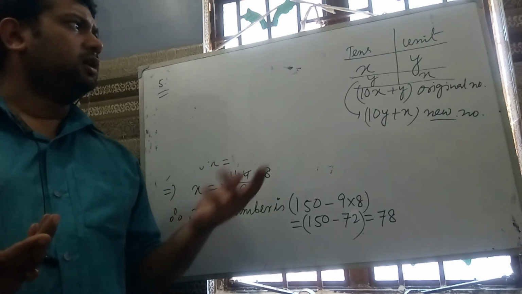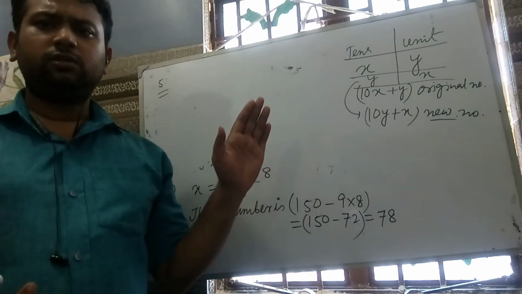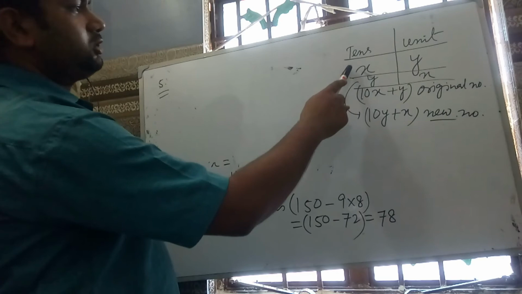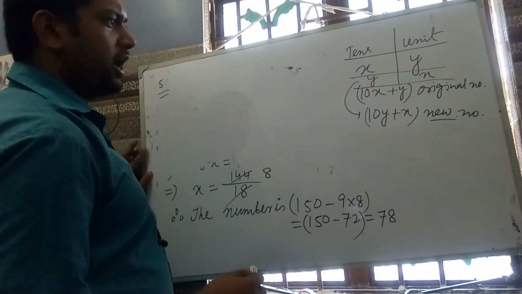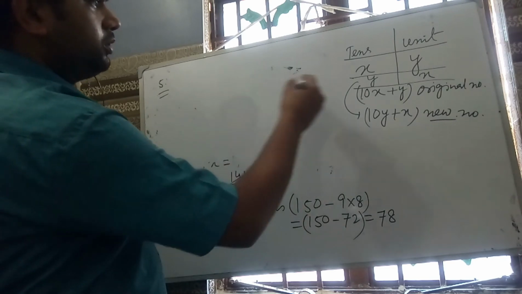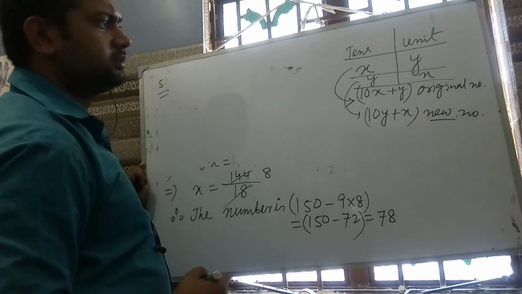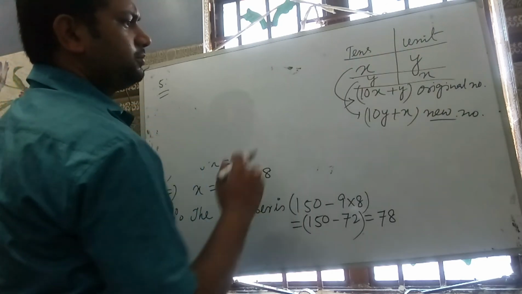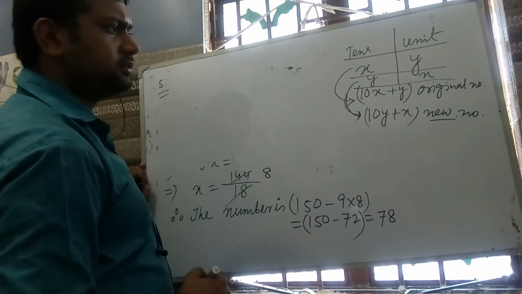We do not know the tens place digit, the unit digit, or their sum. So we have to consider the tens place digit to be x and the unit digit to be y. Therefore, our original number will be 10x plus y. When the digits interchange their places, the new number becomes 10y plus x.